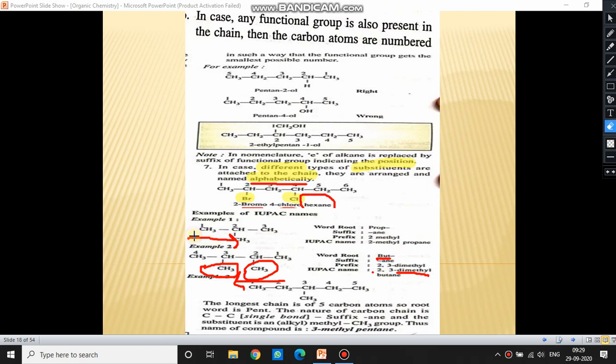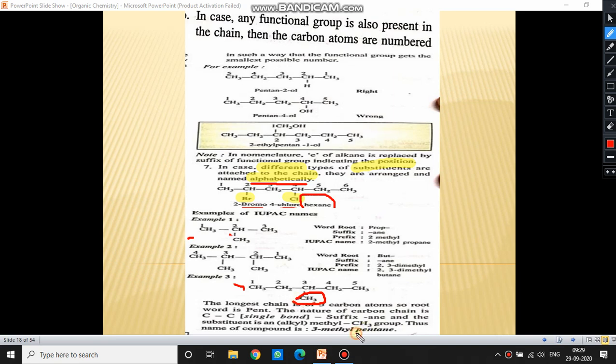Now let me clear this. By that time, see the next example. It's again a hydrocarbon with longest chain 5, and this CH3 did not come in the main chain and it is at number 3. So the answer is 5 carbons, it means pentane.